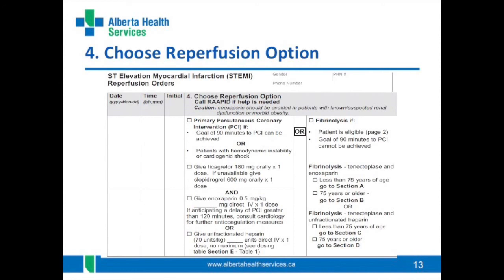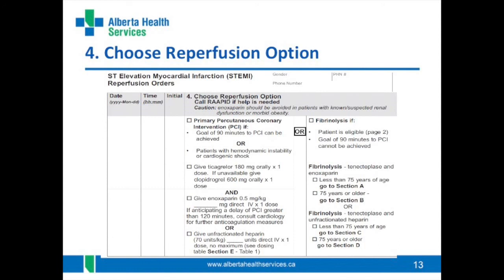In patients who are really sick, who are in cardiogenic shock or hemodynamic instability, we do prefer a primary PCI strategy, but recognizing that this is not set in stone, you will have patients who are really, really far away that you just can't get to the cath lab even in shock, and lysis may be an option. But when you get into that domain, it's really best to speak with a cardiologist on call.